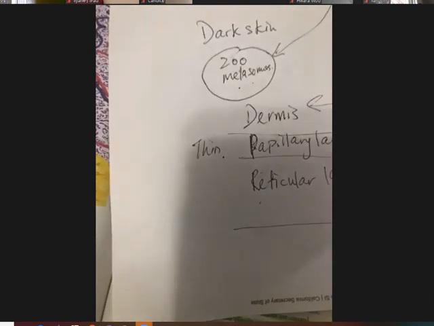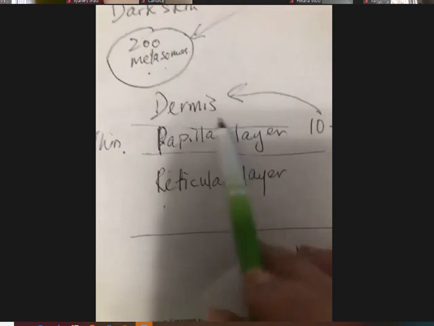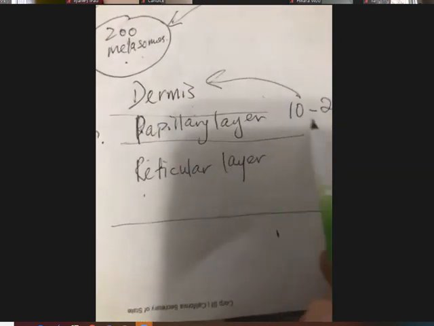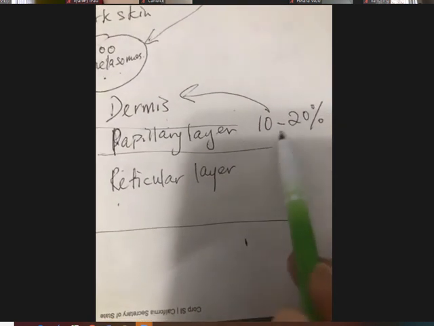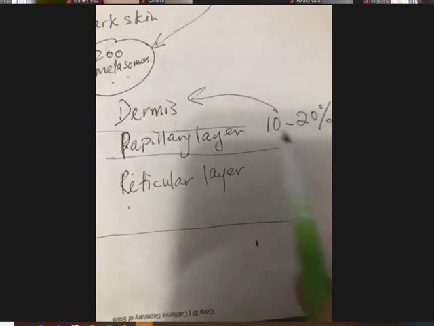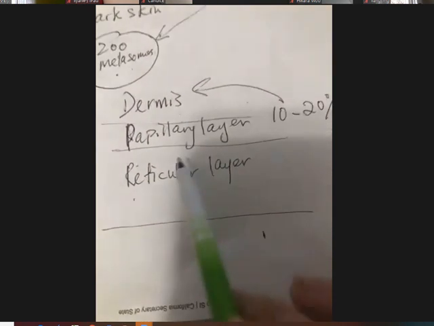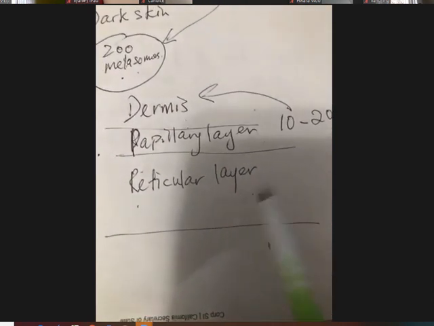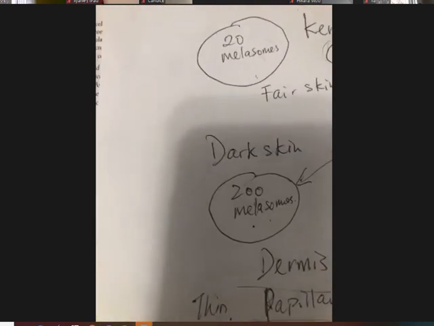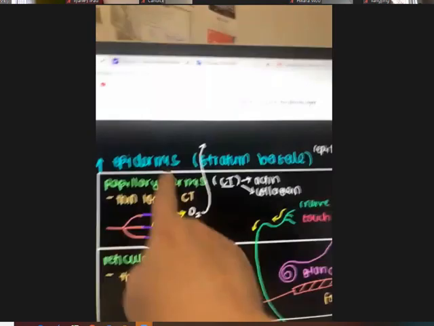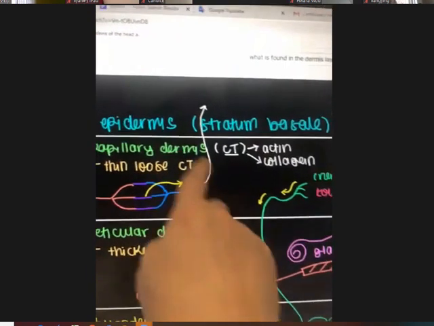This one is thicker. Okay, 这个真皮层有2层，第一层比较薄，第一层大概是10到20%。你的那个真皮层，第二层 reticular area 比较厚。Collagen and elastin is found here. So that's why in this video earlier on, it says that this layer here is a thin, loose connective tissue.